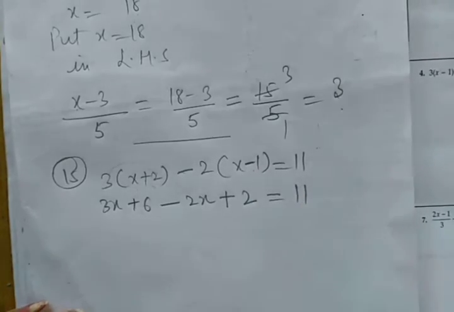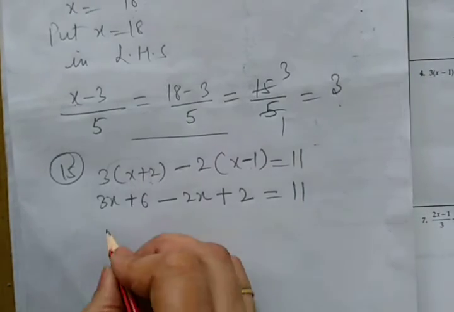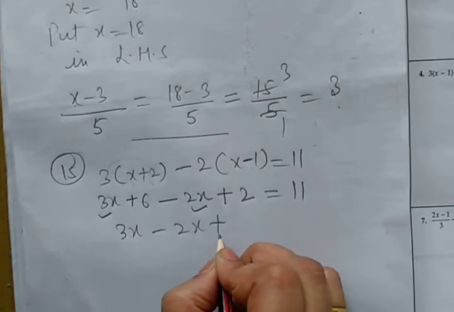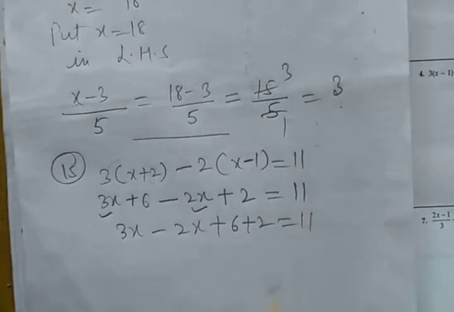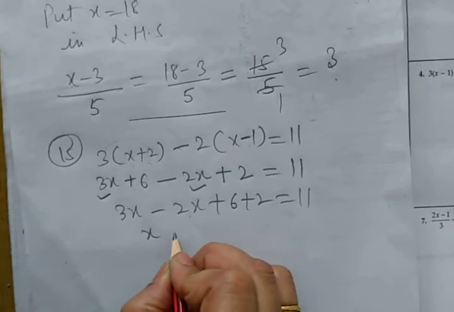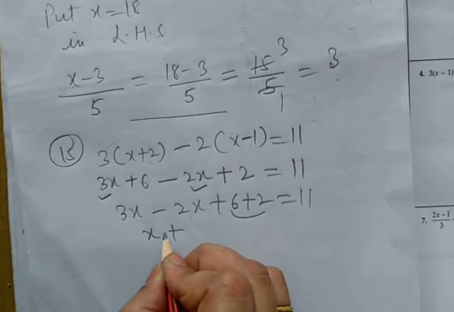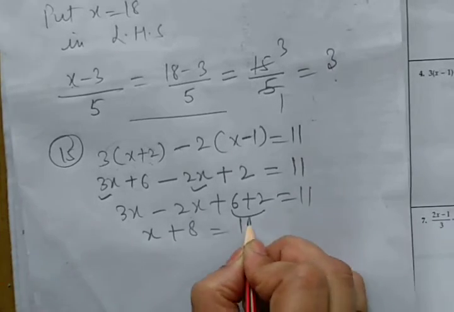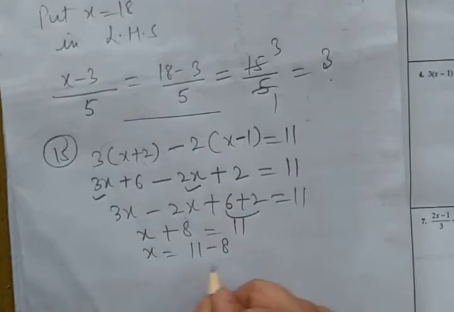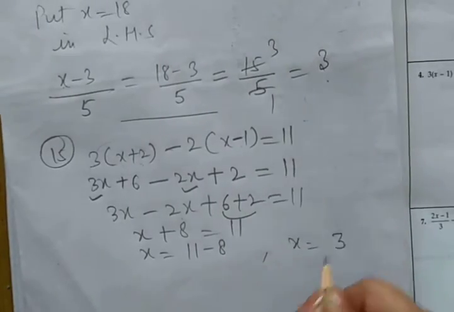That is equal to 11. Okay. Now combine like terms: 3x minus 2x is x, plus 6 plus 2 is 8. So x is equal to 11 minus 8. So the value of x will be 3.